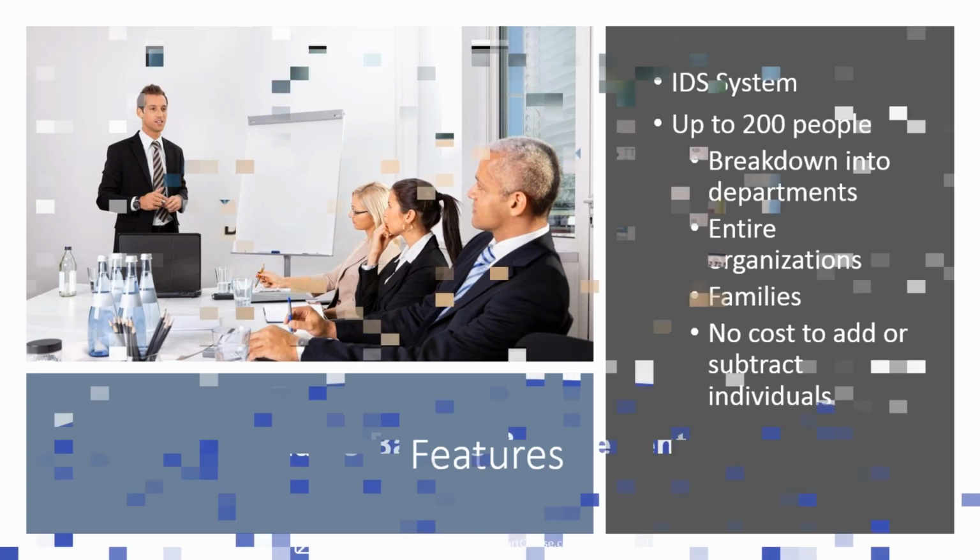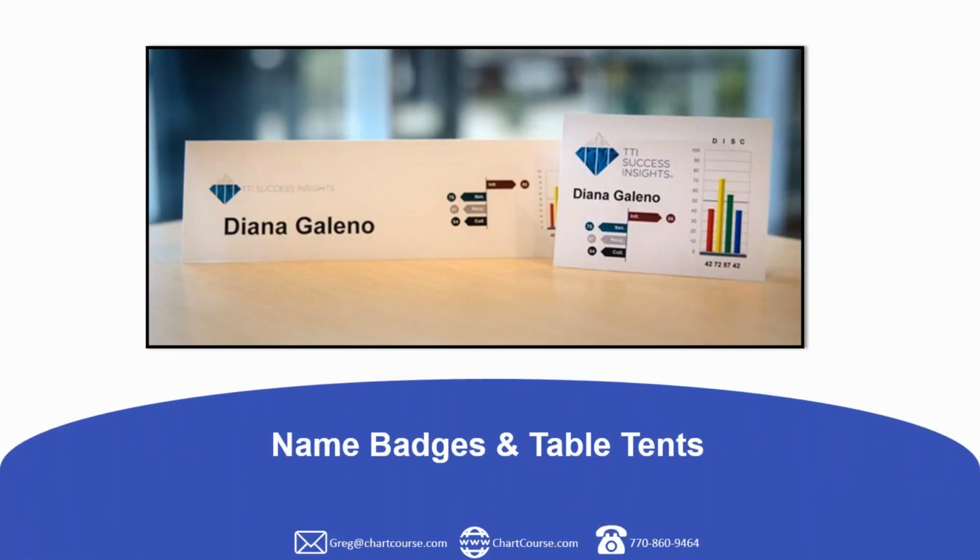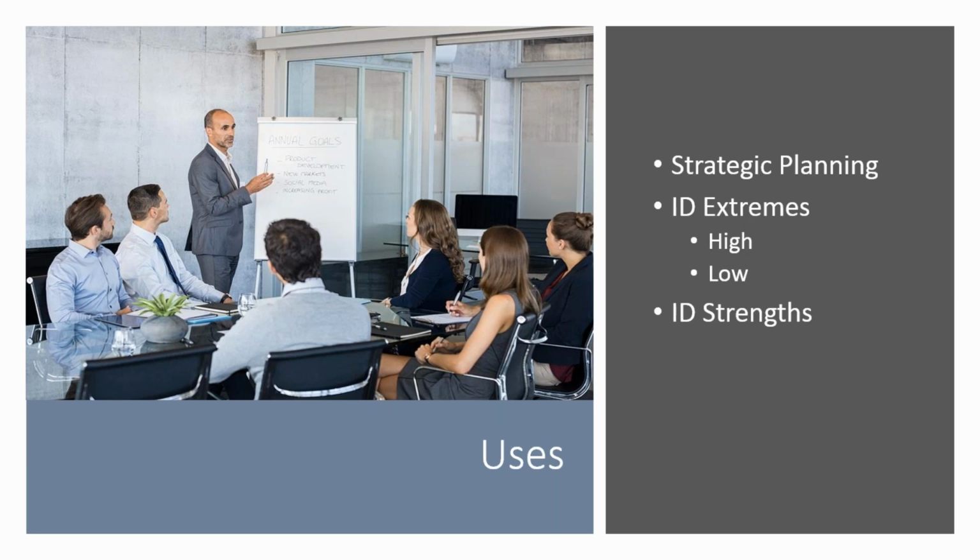Another thing you can do with the team report is print off table tents with their score and name tags, using special paper in your printer. I'm sort of old-fashioned. I just use blank table tents and tell everybody what their color is. And then we have different uses of the report.